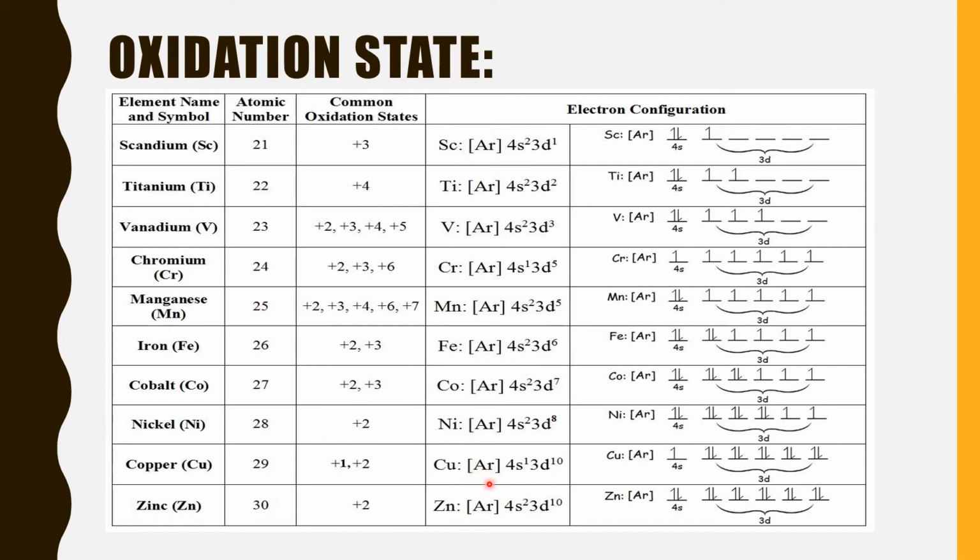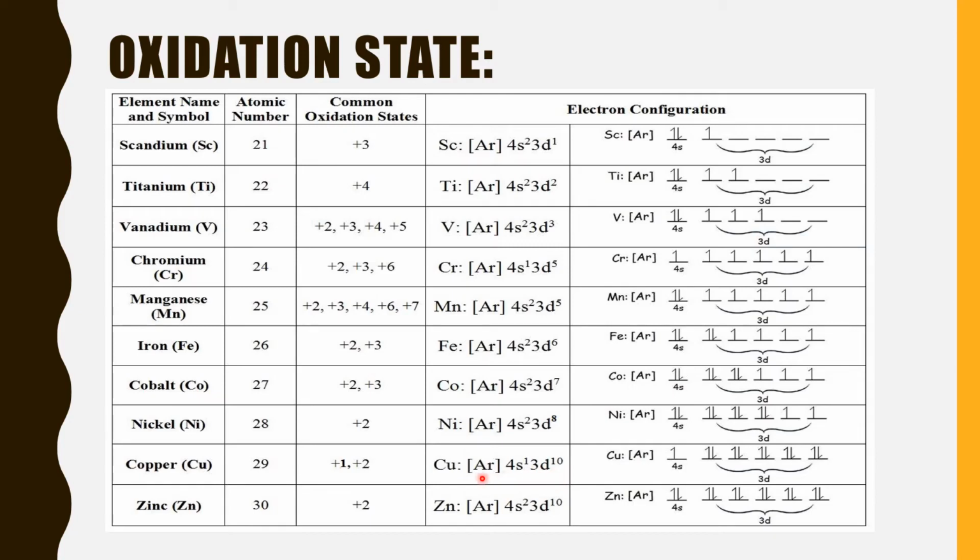For copper, the electronic configuration is argon 4s1 3d10, as we already saw for chromium. The actual configuration is 4s2 3d9, and 4s gives 1 electron to 3d, so it becomes a completely filled d orbital, which is more stable.